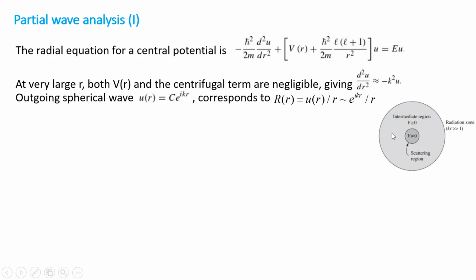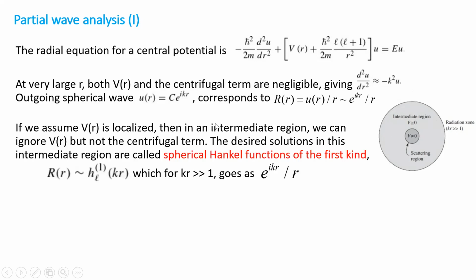Okay, but what about in this intermediate region? What do we get there? If we assume v of r is localized, then as we were just mentioning, in the intermediate region we can ignore v of r, but not the centrifugal term. It turns out the desired solutions in this intermediate region, taking into account the form of the centrifugal term, are called spherical Hankel functions of the first kind.